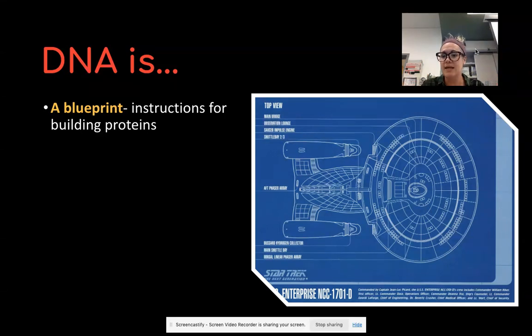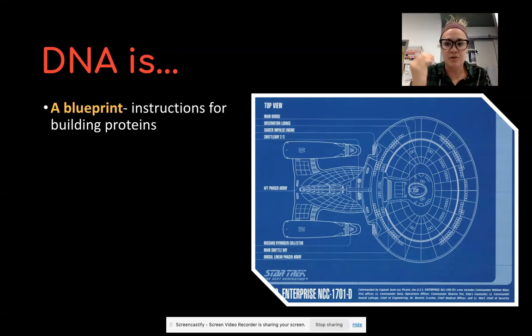It's really important that these proteins are made the same way every time. They are a very specific set of components that have very defined roles in the body. And so it is important that the plans are always the same, consistently producing the same protein. That comes from the DNA. So DNA is the blueprint for building proteins.